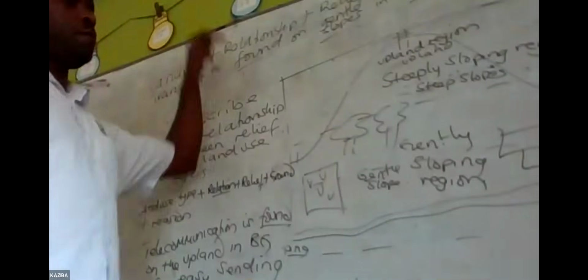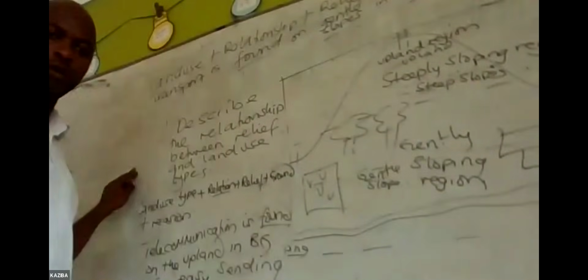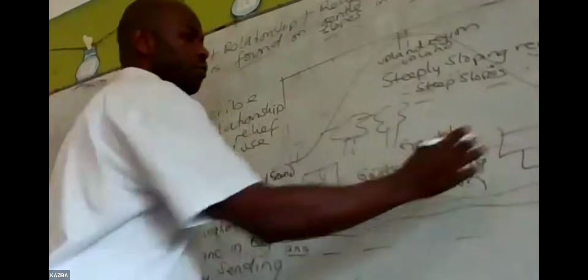Middle ground is the ground. Why? Because it is easy to construct. So you have to give a complete answer: land use, relationship, relief, ground, and reason.